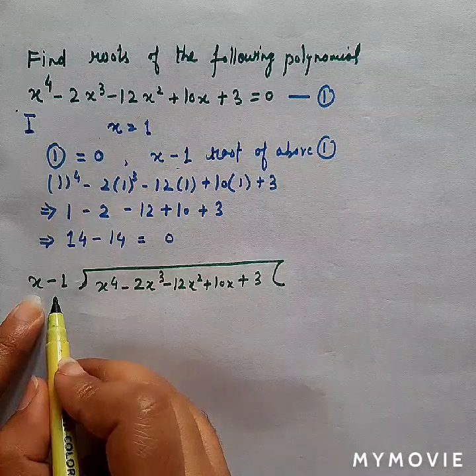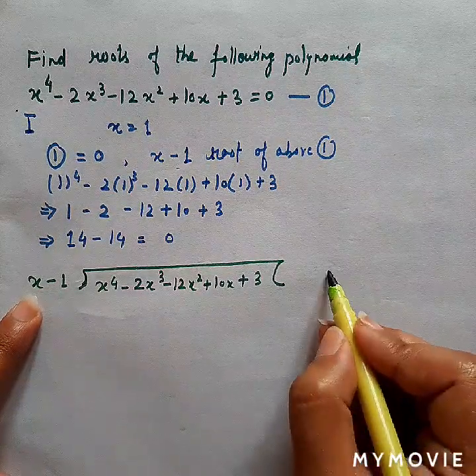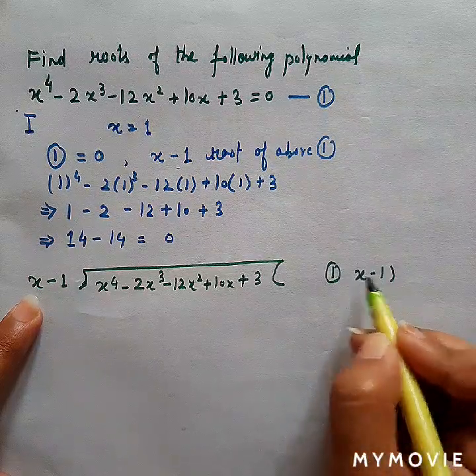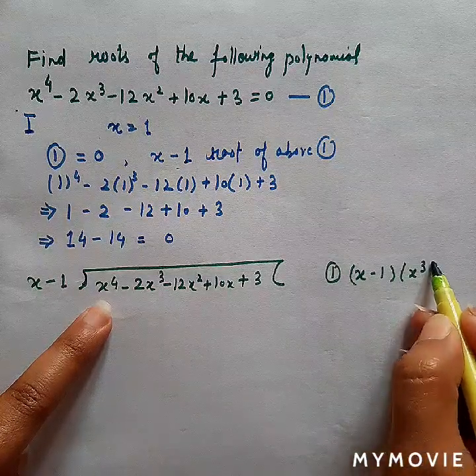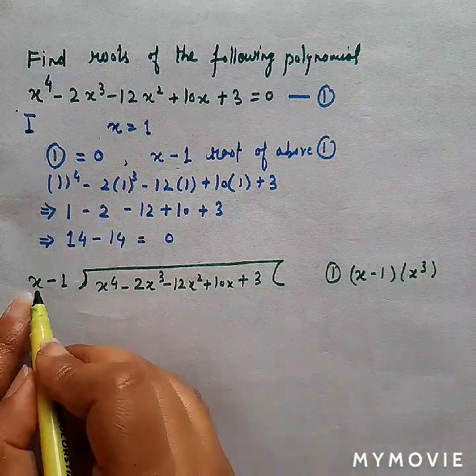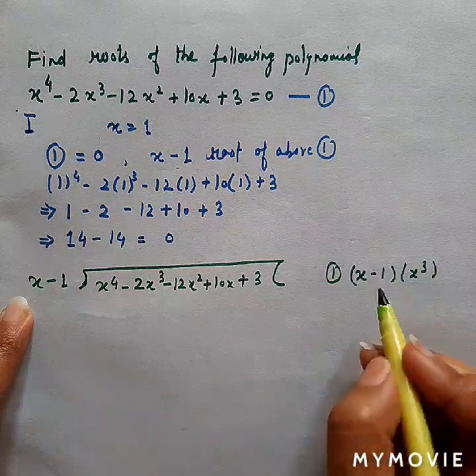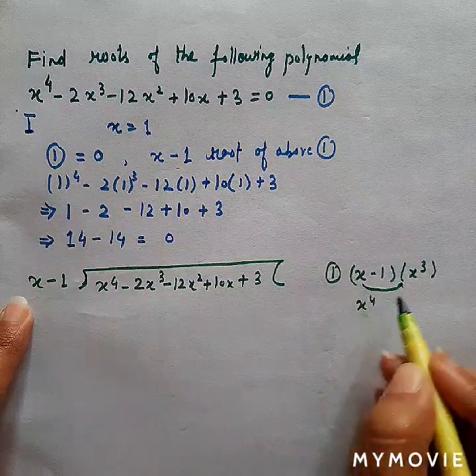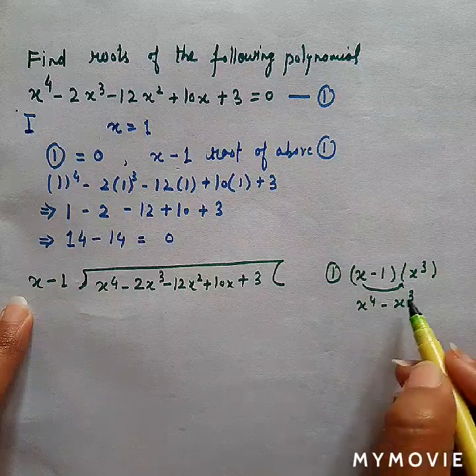Then first of all, my first step here will be to divide x raised to power 3 by x minus 1. If I multiply x minus 1 with x raised to power 3, then what will happen? After multiplication, I will get the term x raised to power 4, then x raised to power 3.